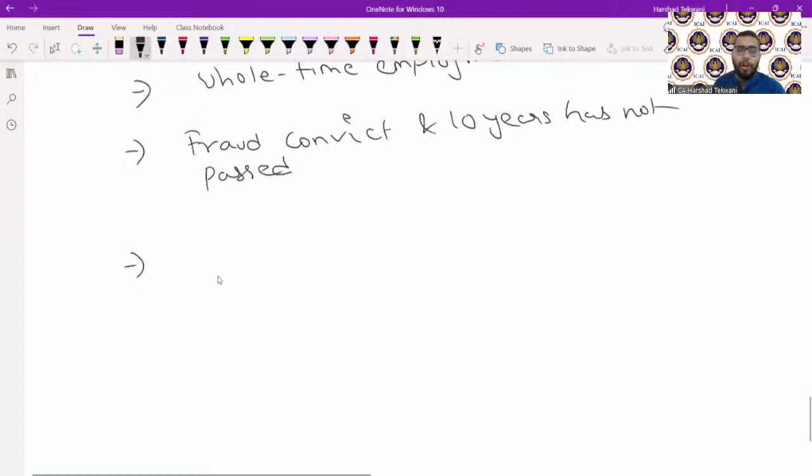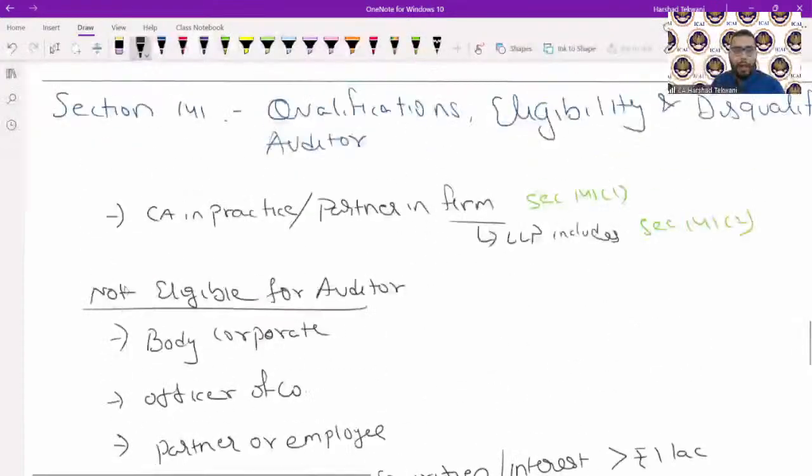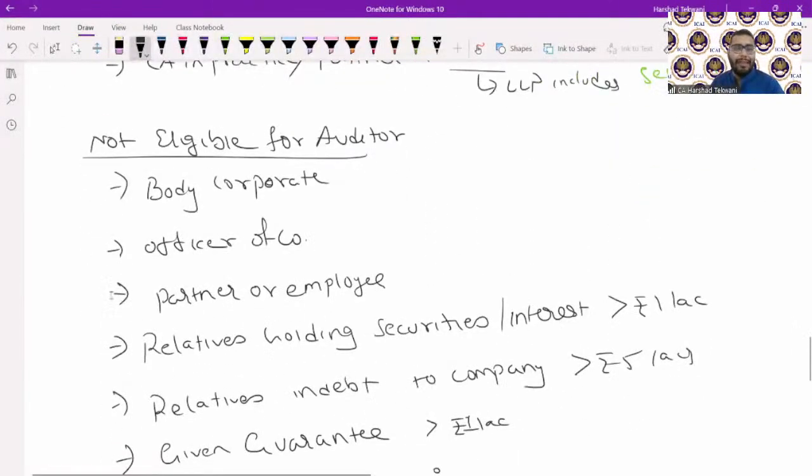Remember, in the previous lecture we also discussed section 144, some services which are not allowed. So these are all the conditions, or you can say these are all persons who are not eligible for appointment as an auditor.